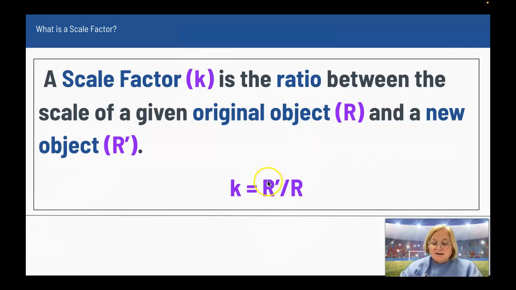If we are doing an enlargement, we are going to have a number greater than 1 because R prime is going to be bigger. If we're doing a shrinkage, we're going to have a fraction because our R prime is going to be less than our R. So our numerator is less than our denominator, which causes a fraction.